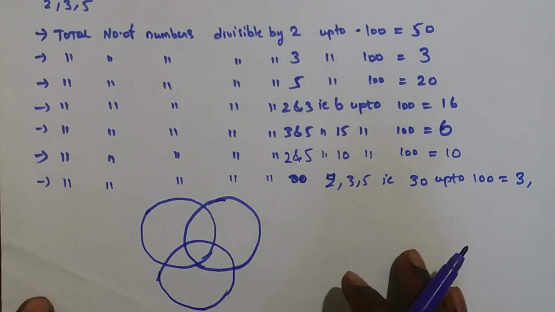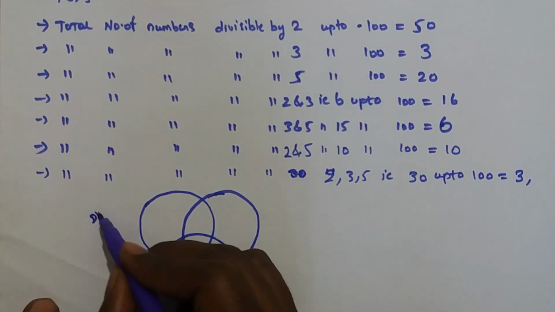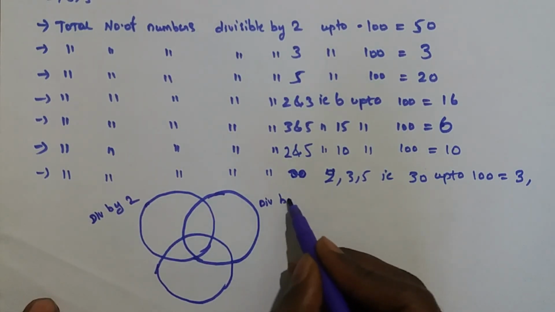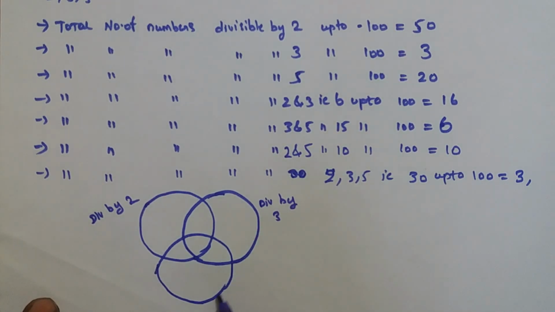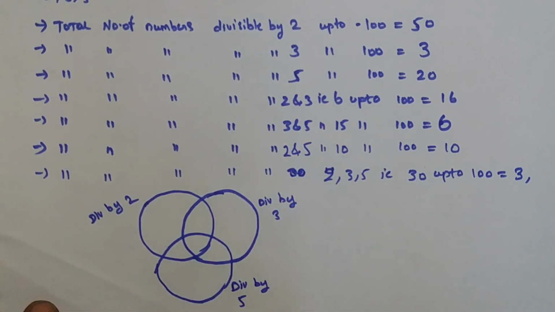Up to 100, divisible by 2, divisible by 3, divisible by 5. Let us take it as 2, 3 and 5.